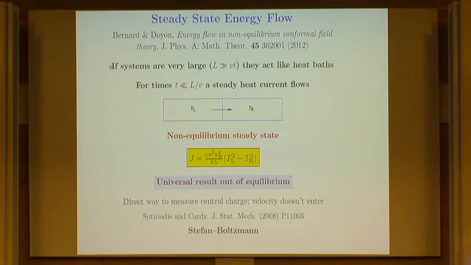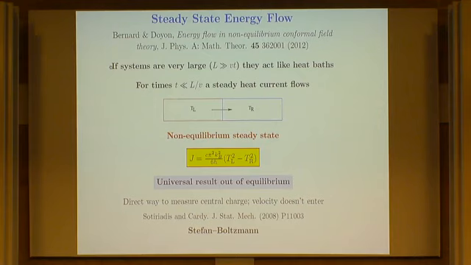That normally comes with the characteristic microscopic velocity of the system, and so it's technically non-universal unless you know something about the velocity. Here, the microscopic velocity doesn't actually enter the expression, and so this non-equilibrium result is truly universal and free from microscopic details.